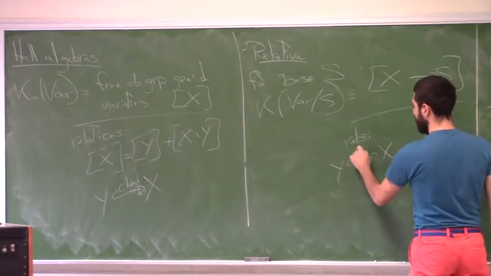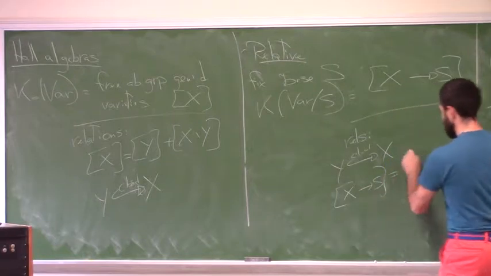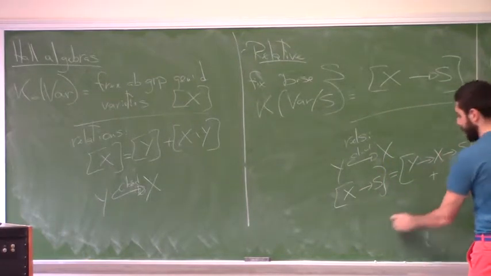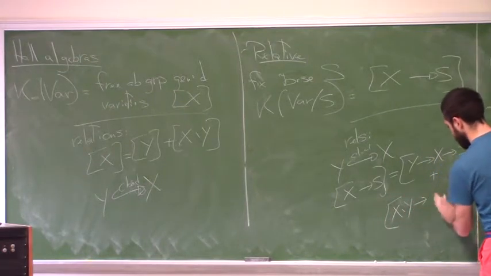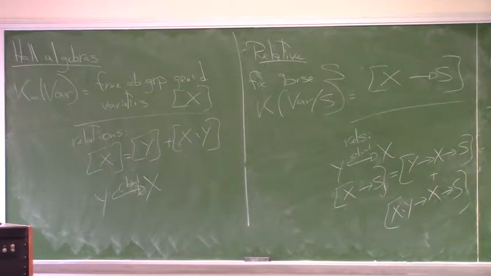So if Y inside of X is closed, then the class of X going to S is the same as the class of Y going to X going to S, plus the class of X minus Y going to X going to S. So again, it's exactly the same thing, only relative over some base.